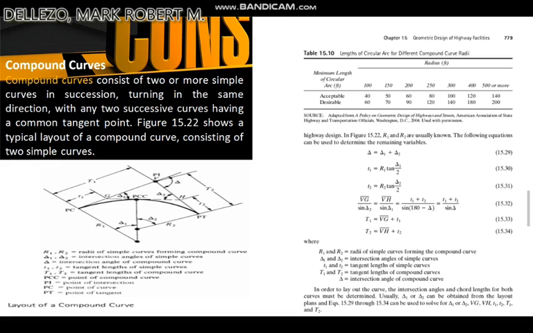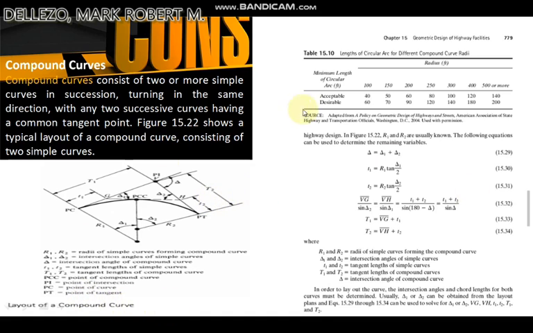Compound curves. Compound curves consist of two or more simple curves in succession turning in the same direction, with any two successive curves having a common tangent point. Figure 15.22 shows a typical layout of compound curves consisting of two simple curves.